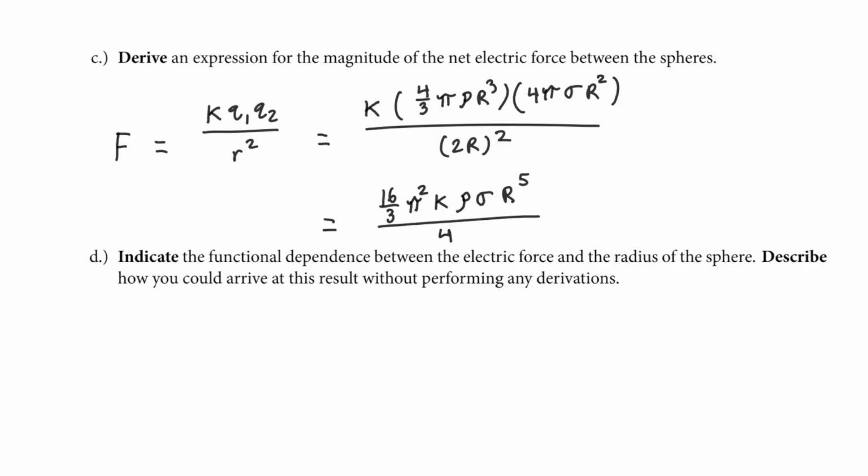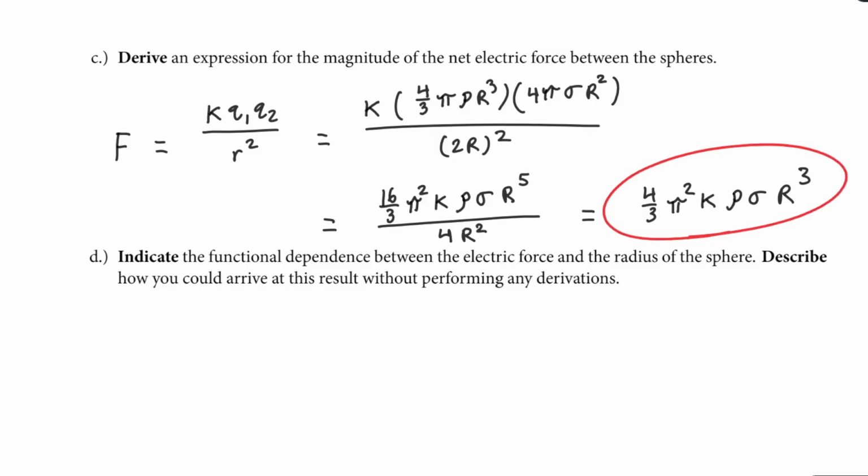And then on the bottom, I would have to remember to square the 2. And I would get 4r quantity squared on the bottom. So now we can simplify this, and we will get, well, the 4's cancel and 2 of the r's cancel. So I get 4/3 pi squared k rho sigma r cubed. That is a lot of letters.